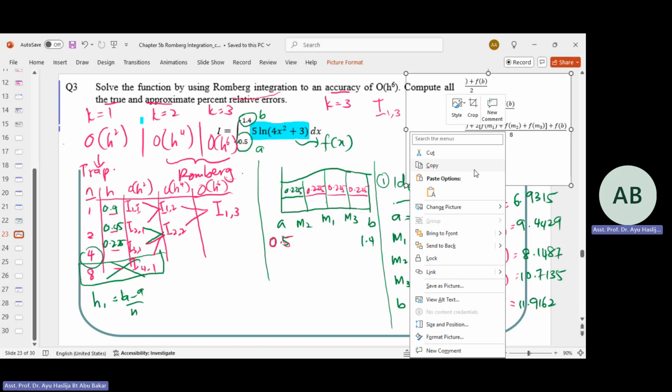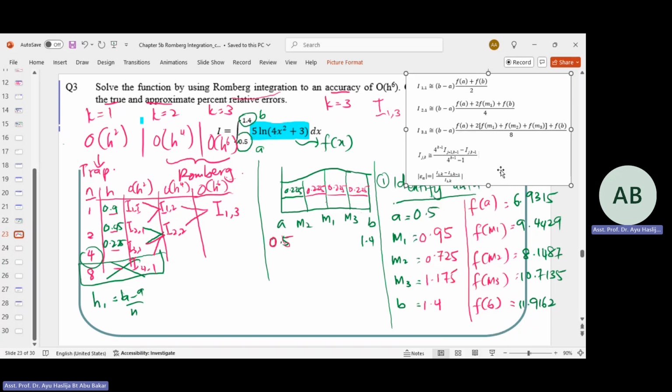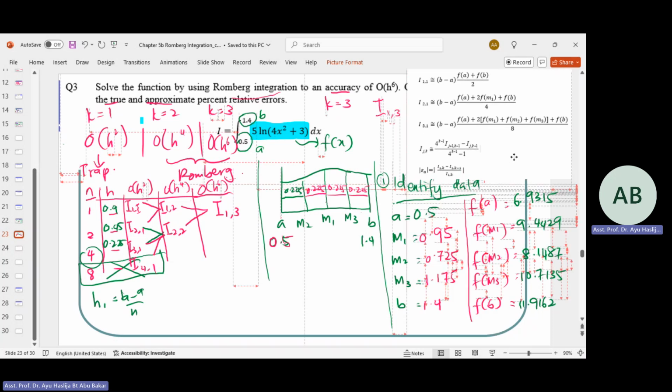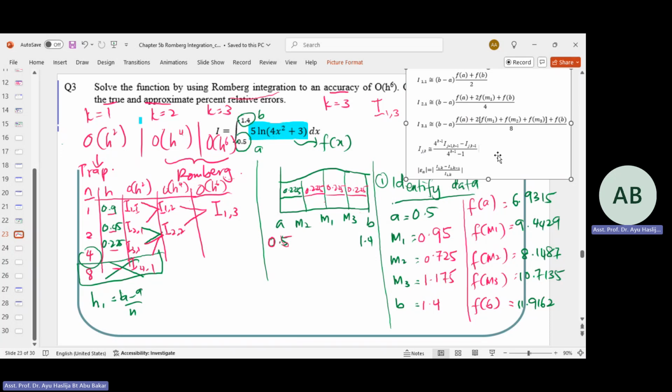For your info, this is the equation that will be given in your final exam or test. This is the equation. The first level, I11, I21, I31, is the first level using the trapezoid rules.